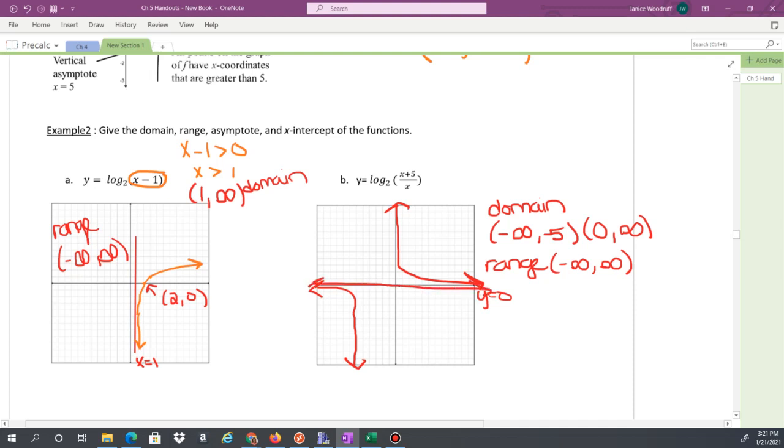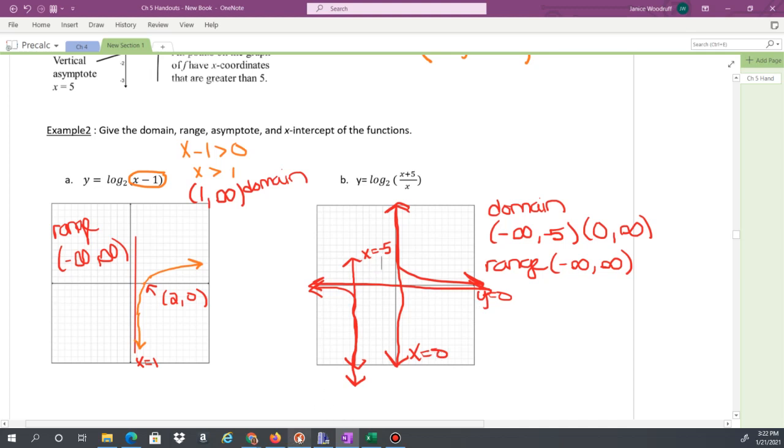We have a vertical asymptote here at x equals 0. And we have another vertical asymptote here at x equals negative 5. Okay, so how these are lined up, those are your asymptotes. Negative 5 and 0 for x, or sorry, vertical, and then you have y equals 0 for the horizontal.